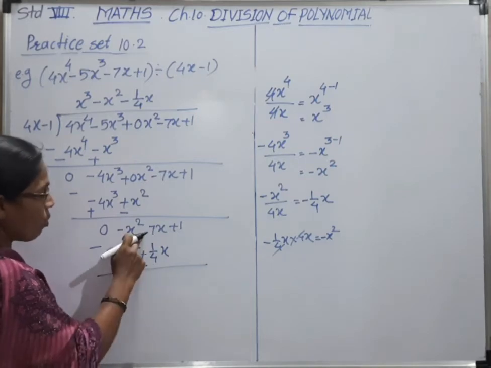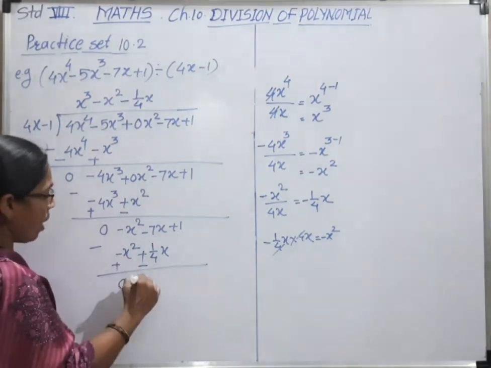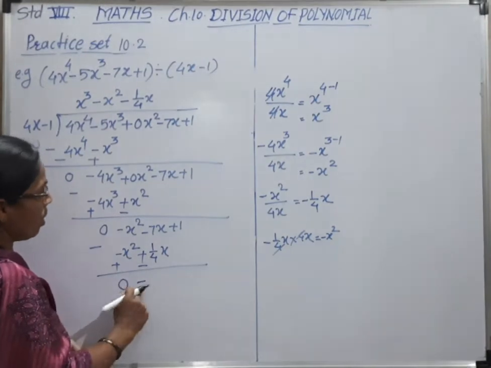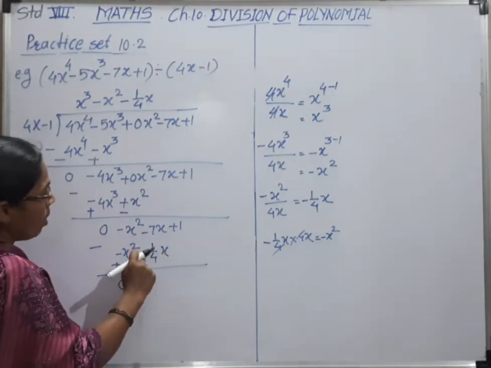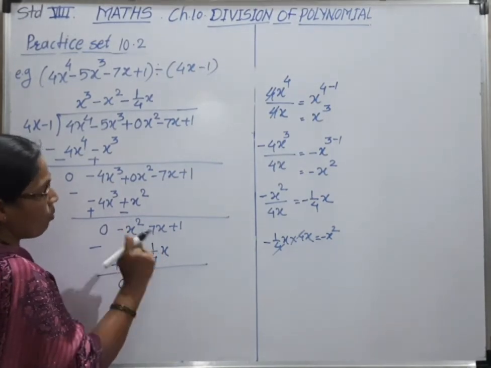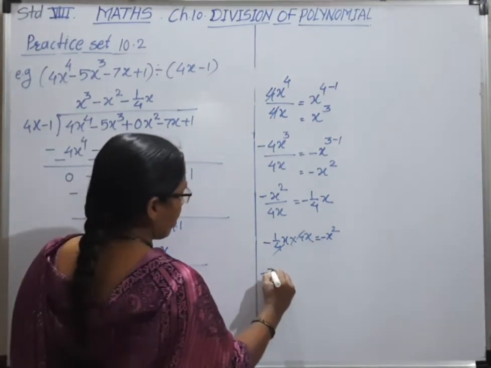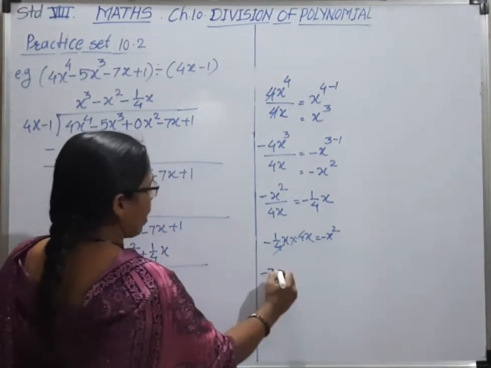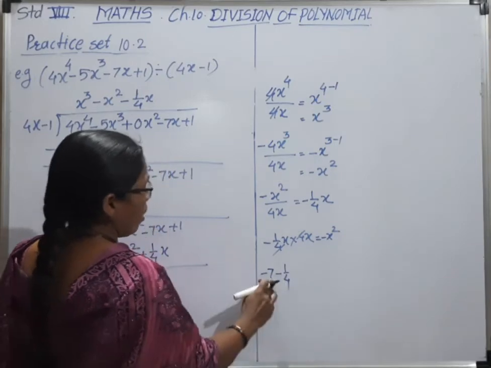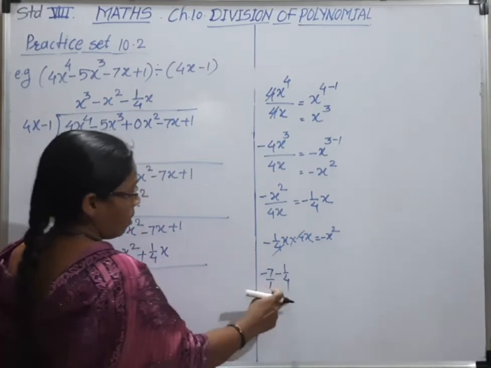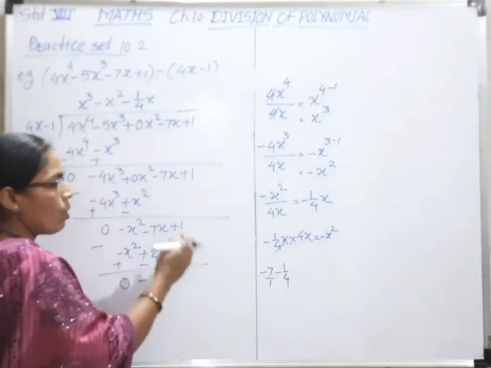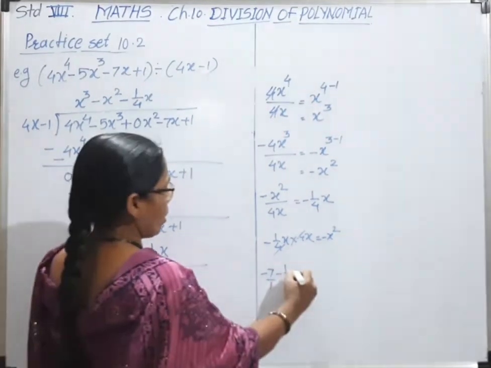Minus and minus, both numbers are negative, so we add and give the common sign, which is minus. So minus 7 and here minus 1 upon 4. Now their denominators are different, so we have to do cross multiplication.